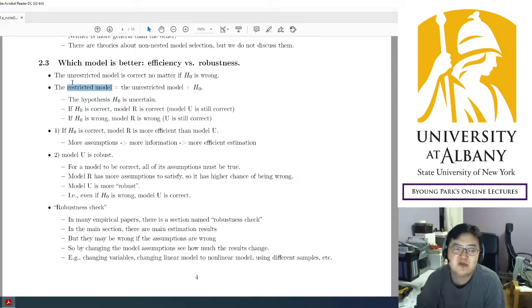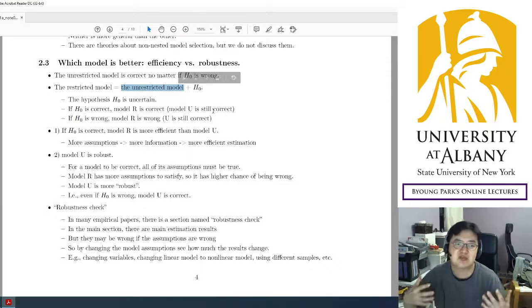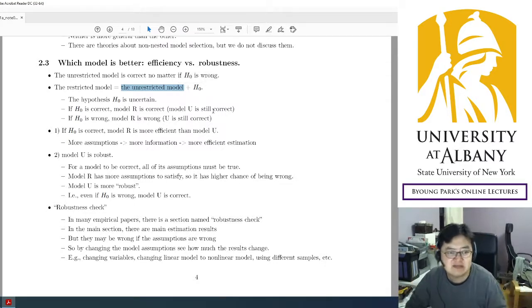So this is called robustness because the unrestricted model is robust, stronger, and it survives even if the hypothesis is wrong. It uses a fewer number of assumptions, so it is less vulnerable to potentially wrong assumptions because it utilizes fewer assumptions.